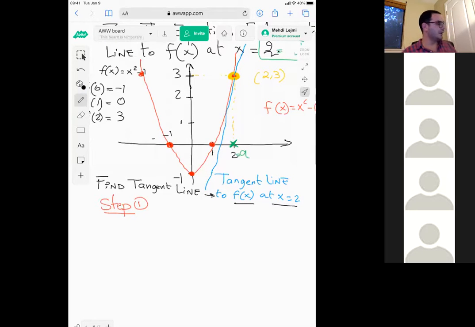So step one, we need to find the slope m of the tangent line.